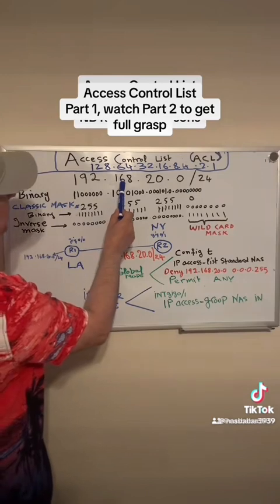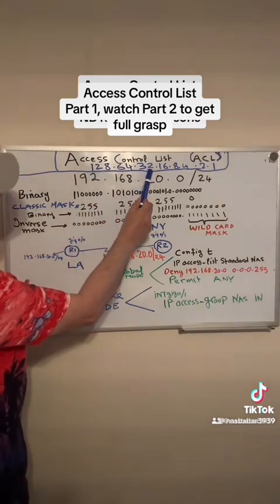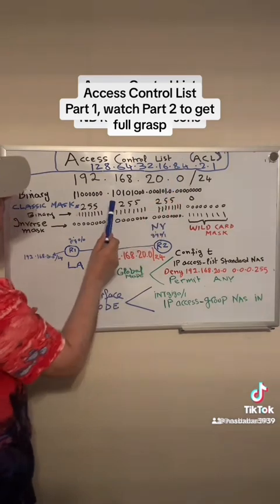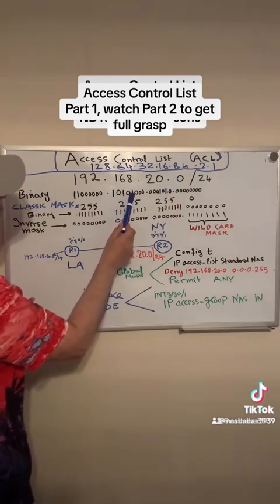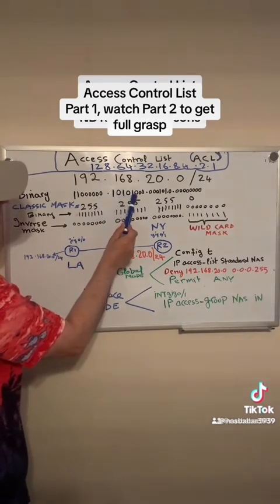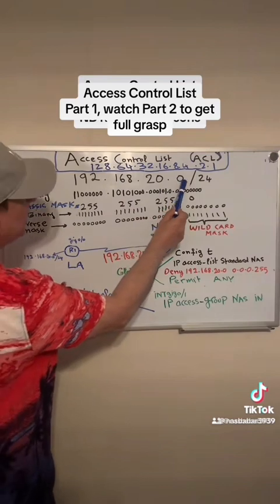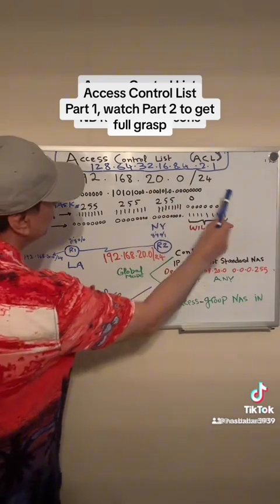Same thing with 168: 128 plus 32 is 160, plus 8 is 168. So 10101000. Only the corresponding bits which are on make the total 168. Same thing applies over here, and the last octet is all zeros.